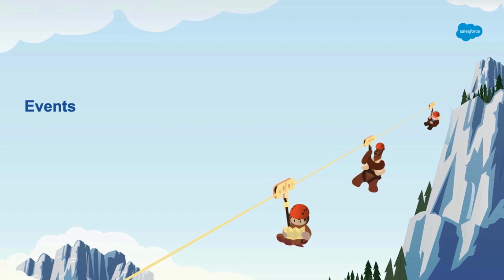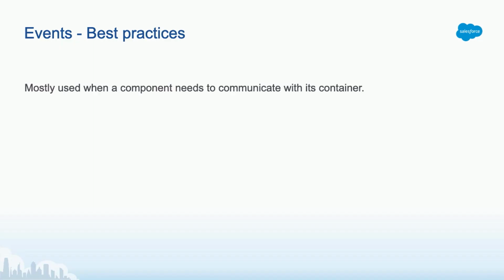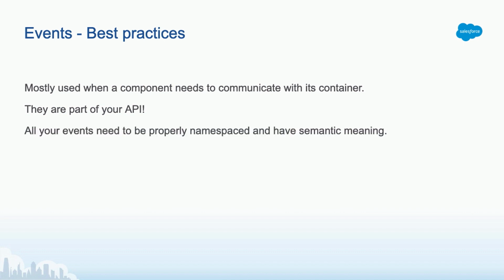So speaking of the DOM, let's wrap it up with events. Events are a way to communicate from a tree that is down up to the parent. They're part of your API. So if you're firing an event, know that it's part of the API, which means you want to document it, namespace it right, and know the boundaries.